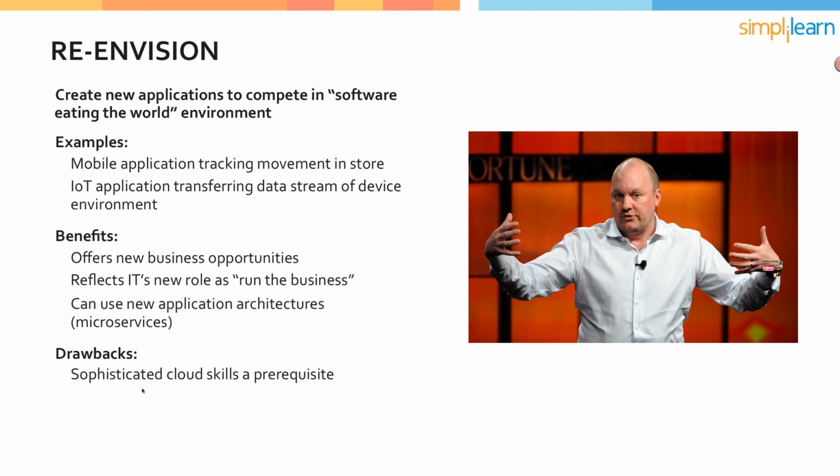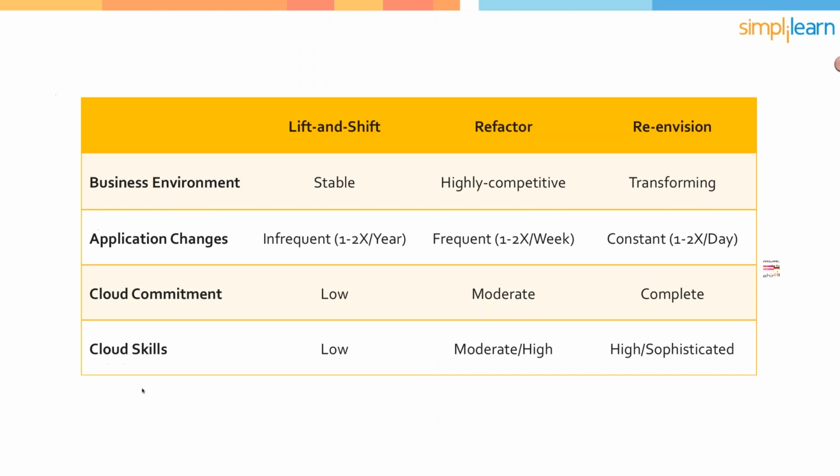So this is the way you can deploy applications. Here's the approach to this. From a business environment perspective, lift and shift is very good for a stable environment. But re-envisioning is really about a transforming business environment, and I think most companies see themselves as transforming. They feel like, boy, our business environment is changing a lot.